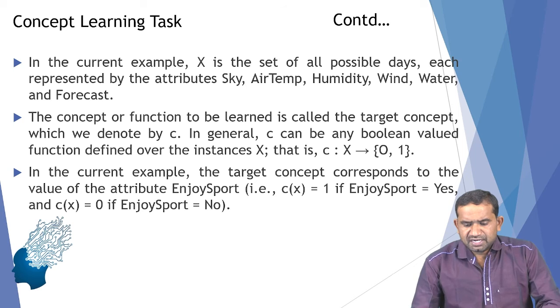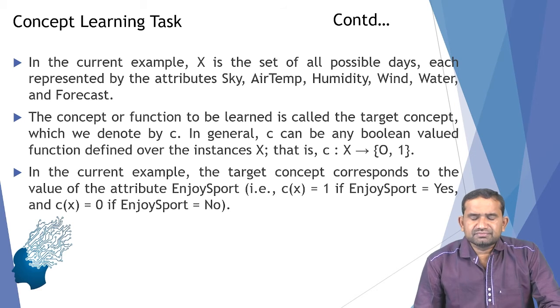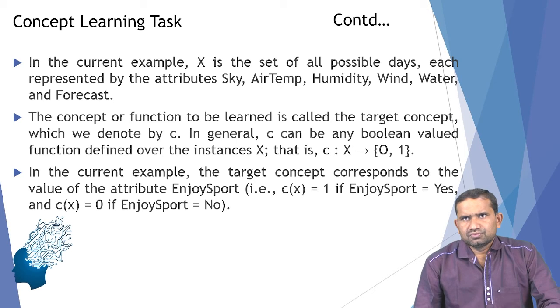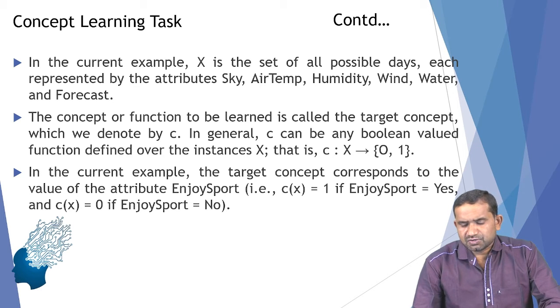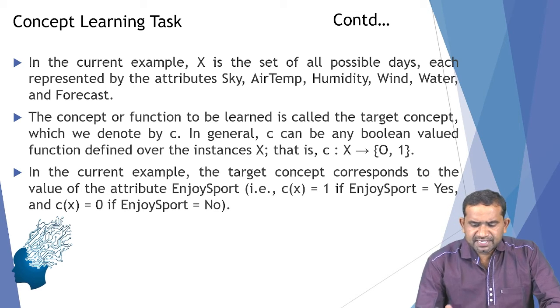In general, C can be any Boolean valued function, meaning either yes or no. It can be any Boolean valued function defined over the instances x, that is, C: X implies 0 or 1. Either 0 or 1 is indicated for the instance x.